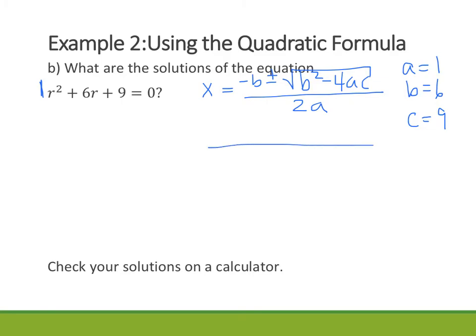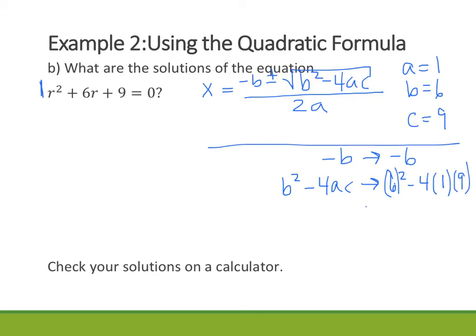I like to find, then, each of my three parts. So I want to know, well, what is negative b? Well, negative b is negative 6. And then I want to know, well, what is b squared minus 4ac, my discriminant? B squared minus 4ac is going to be 6 squared minus 4 times 1 times 9, which is 36 minus 36, which is 0.